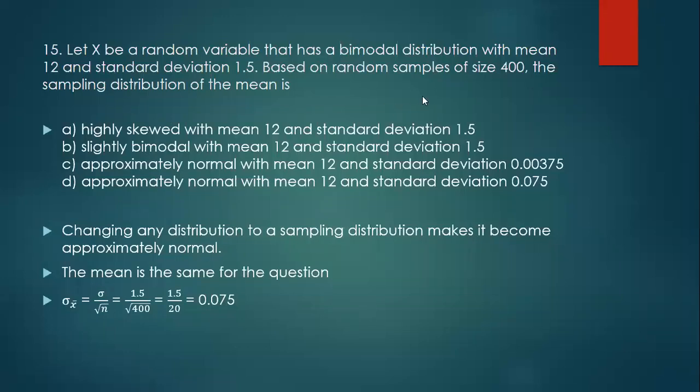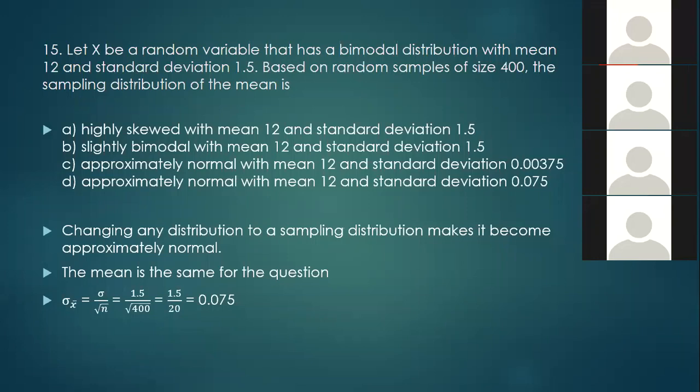All right, once more. The question said, let x be a random variable that has a binomial distribution with mean 12 and a standard deviation 1.5, based on a random sample of size 400.